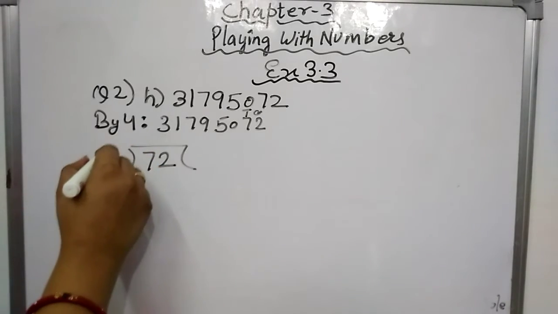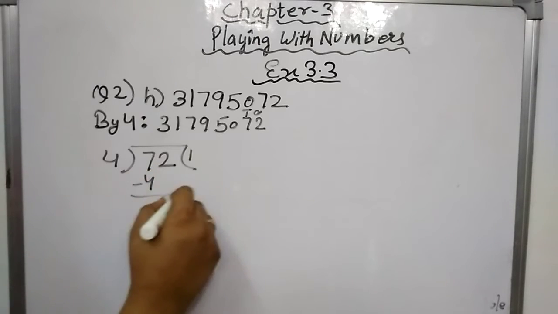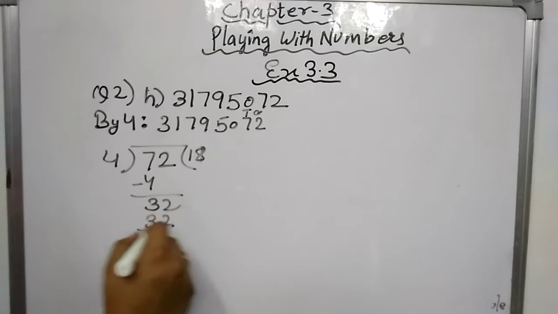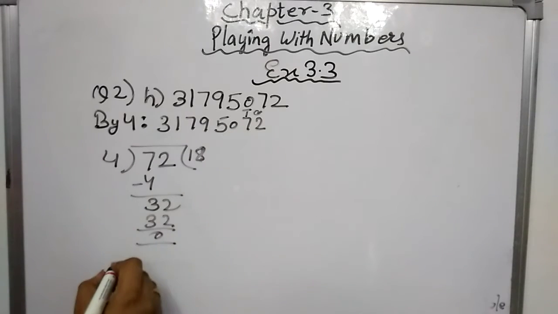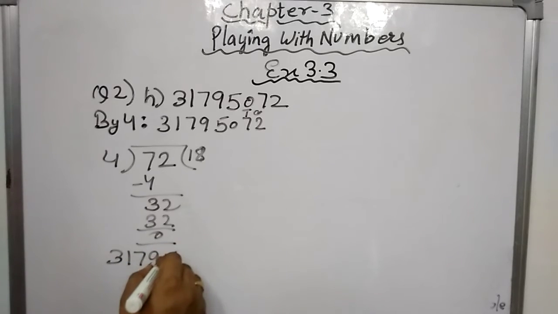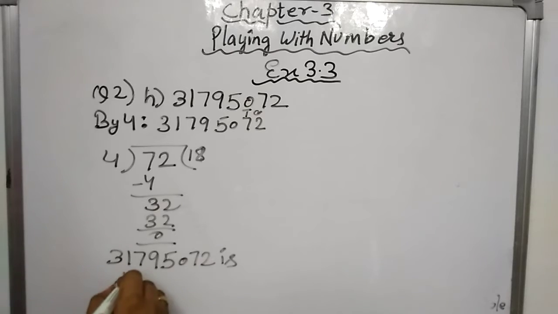If we divide this number 72 with 4, we get quotient as 18 and remainder as 0. So this complete number 3,17,95,072 is divisible by 4.